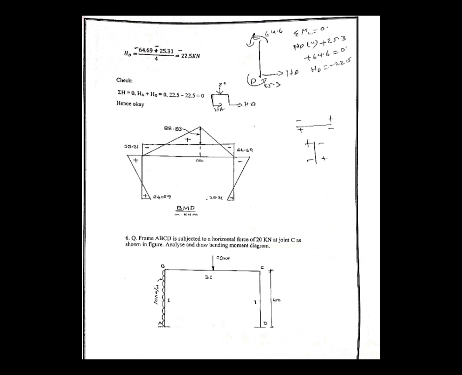And now there is a check here, sigma H equal to 0, HA plus HD should be 0. So here 22.5 minus 22.5 equal to 0.